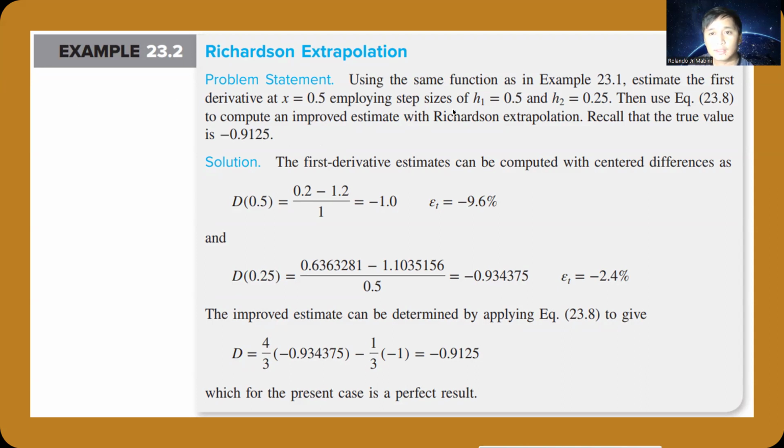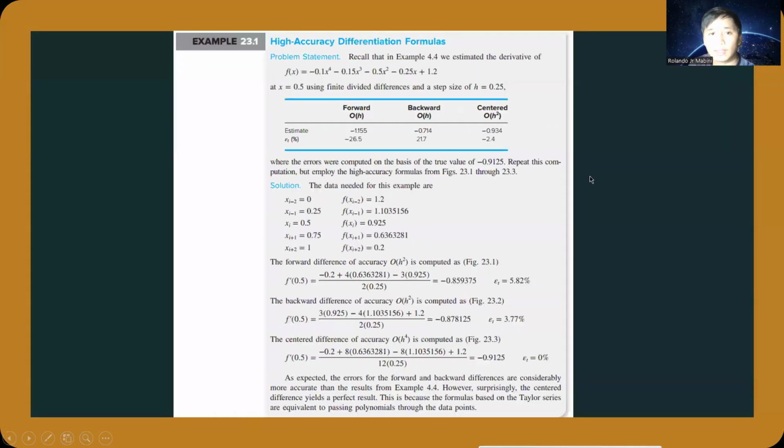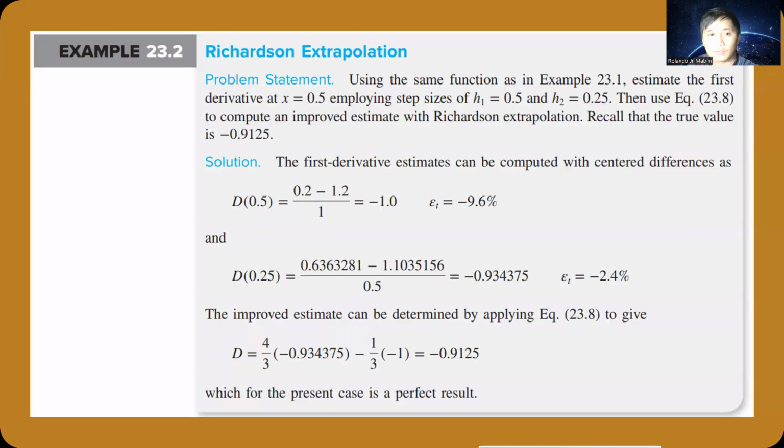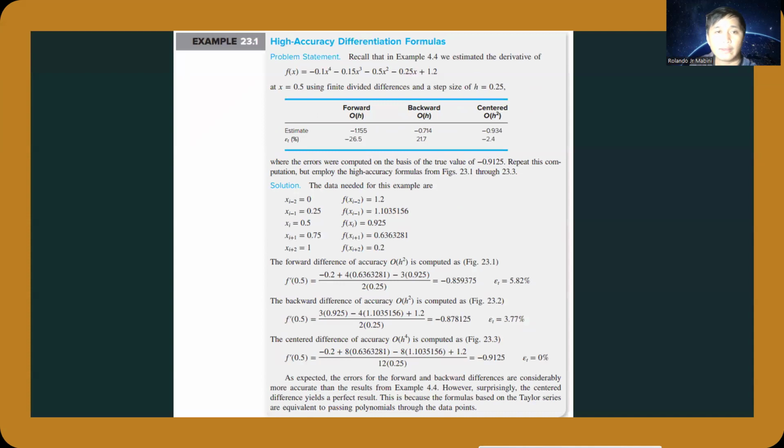By the way, this is example 23.2, and it was solved in example 23.1, so I just copied the original equation. In order for us to solve this specific problem, we also need to know all the details.